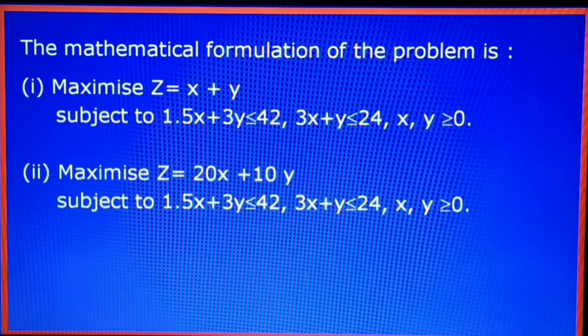Second one, maximize z, that is profit, is equal to 20x plus 10y, subject to same constraints 1.5x plus 3y is less than or equal to 42. 3x plus y is less than or equal to 24. x comma y is greater than or equal to 0.